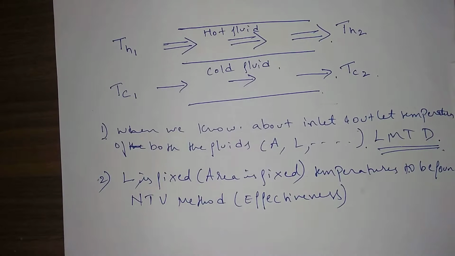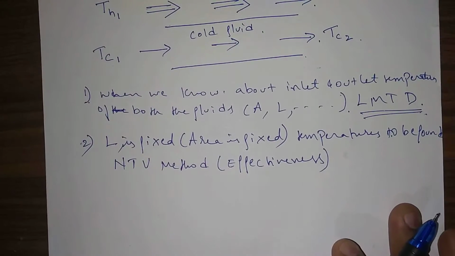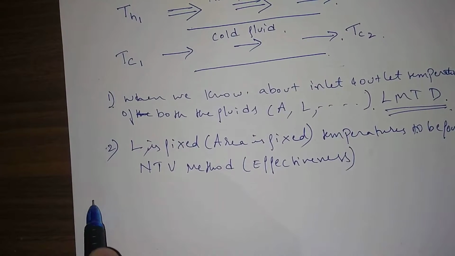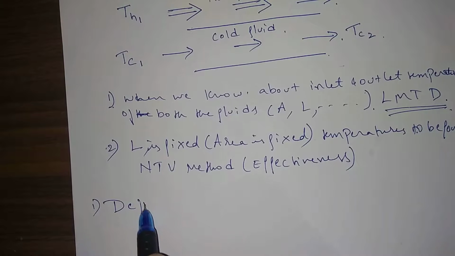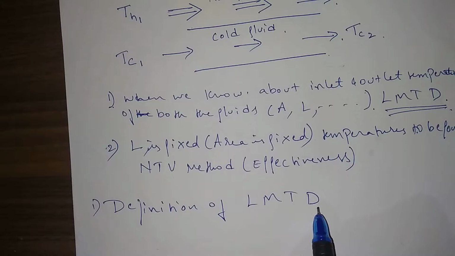Now let us try to understand what is this LMTD, that is logarithmic mean temperature difference, and how we define LMTD. From now onwards, I will only be using the abbreviation LMTD. So this is our first goal.